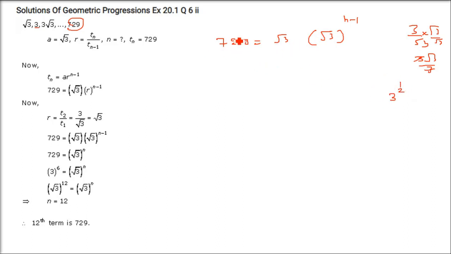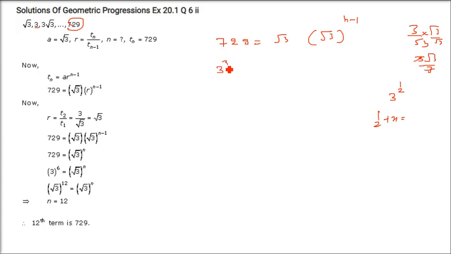729, how are we going to write in terms of 3? So 3 into 3 is 9. 3 into 3 into 3 is 27. 27 into 3 is 81. Likewise, you have to go ahead. I'll tell you a hard method first, then I'll tell you the simple method.